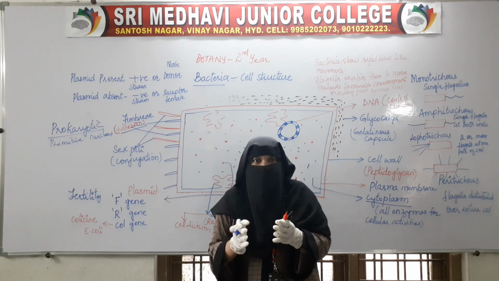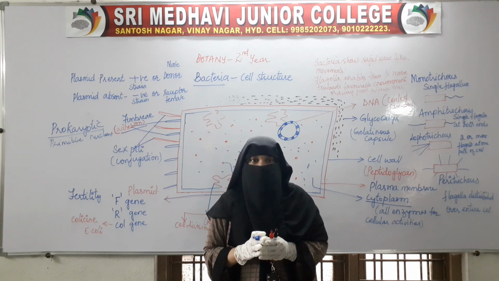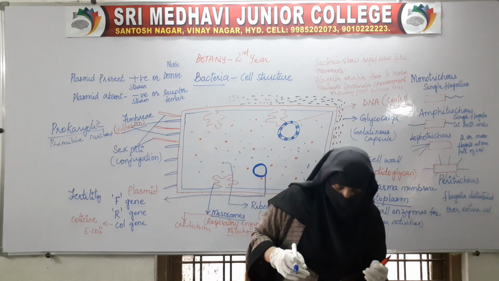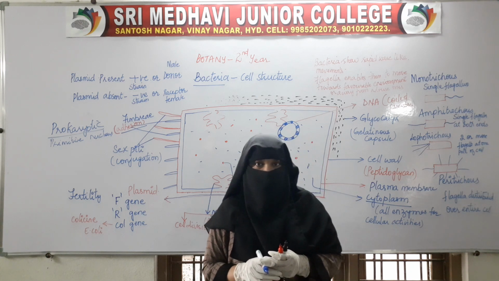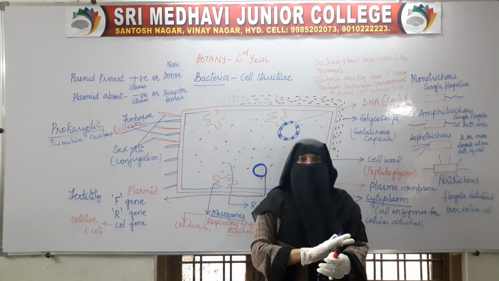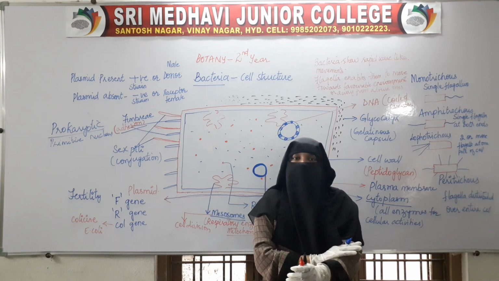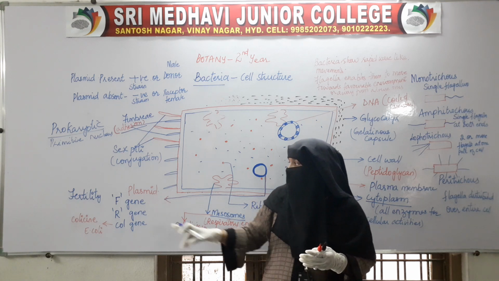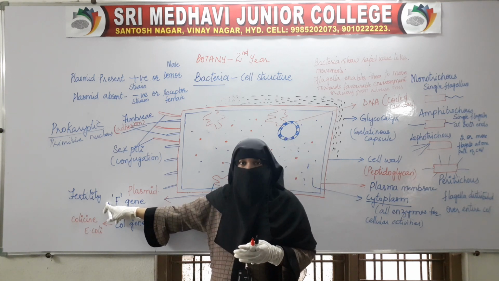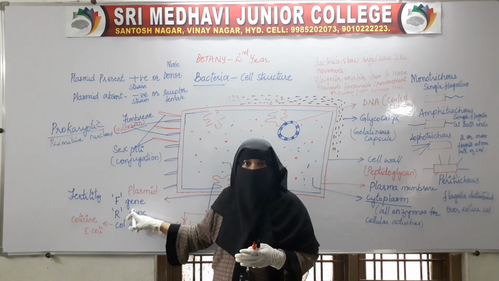Fertility means it helps in reproduction. Bacteria can also reproduce by a process called conjugation, and for that process of conjugation, the F gene helps.